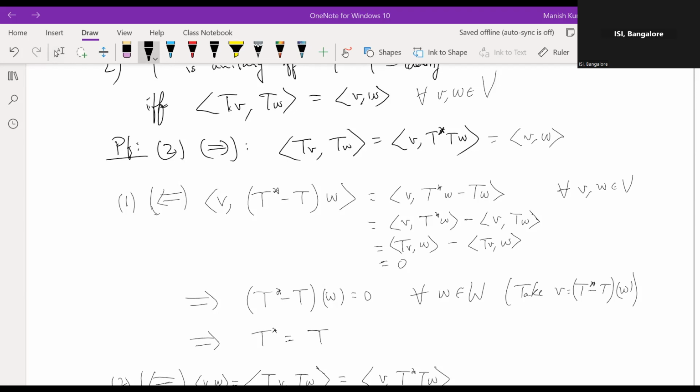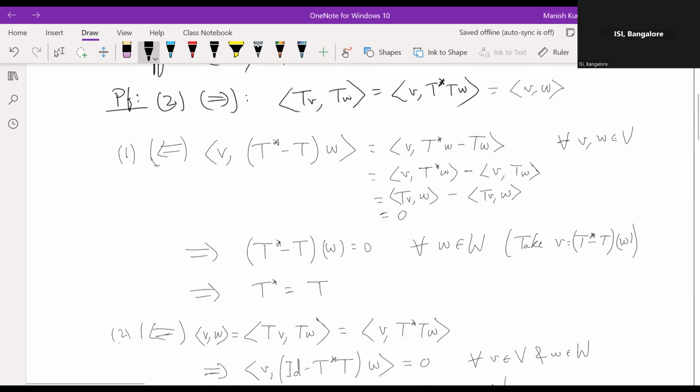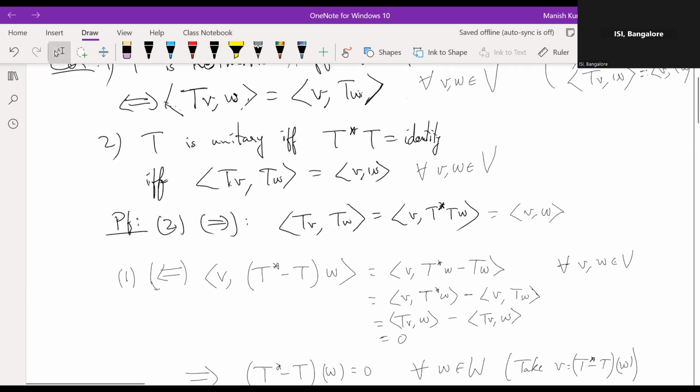It should be strictly positive if it is non-zero. So from there you can conclude T star minus T W is 0, and this is for all W in V. Hence T star is T. So that proves the backward implication for 1.